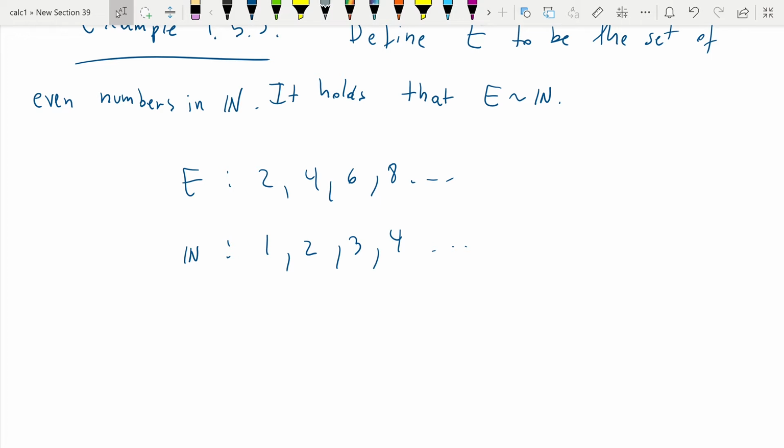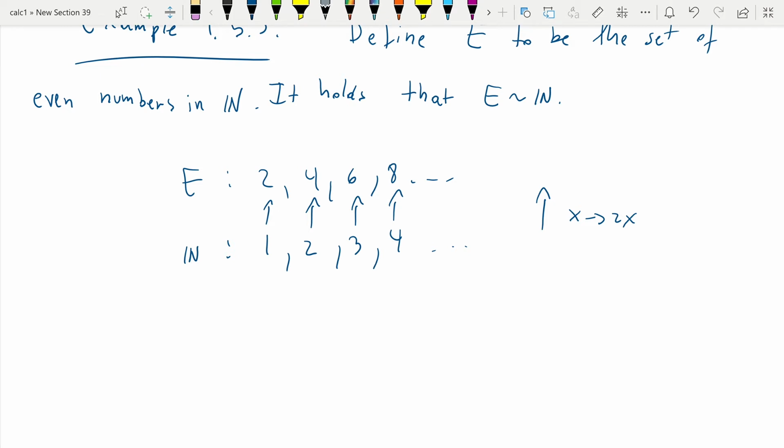So how do you go from, say, N to E? In fact, there's a one-to-one correspondence. What about the function that goes from N to E that assigns to x the value 2x? Then 1 will be assigned to 2, 2 to 4, 3 to 6, 4 to 8, etc. And you see here that no place will have two arrows pointing to the same element, so the function will be one-to-one.